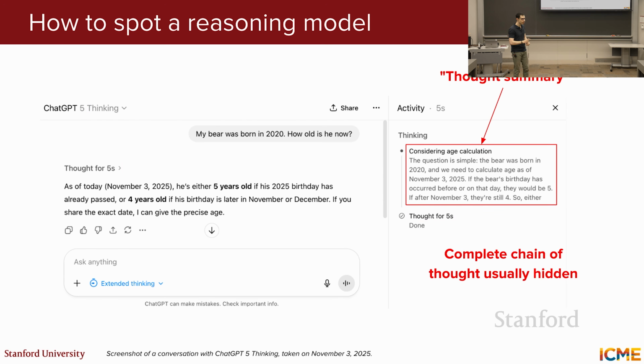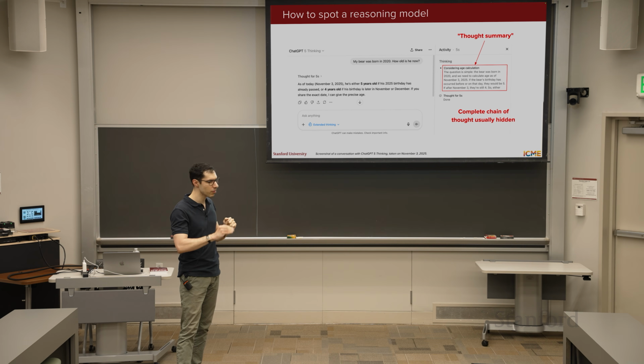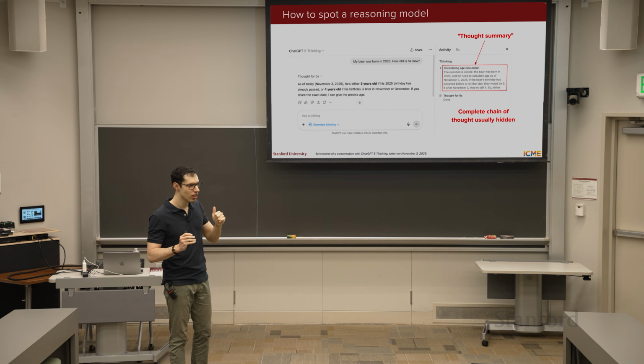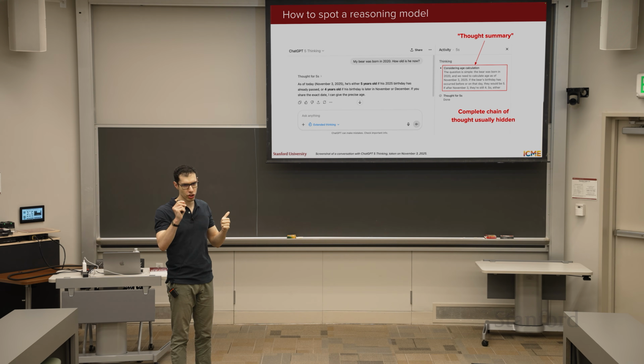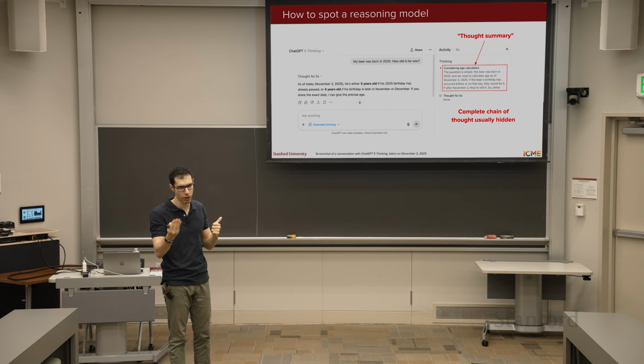And in particular, the quote-unquote thought summary that you see is not the raw reasoning chain, it's a summary of it. And the reason why they do that, I'm hypothesizing, is one, because the raw chain may not be something that is fully intelligible from a human standpoint.